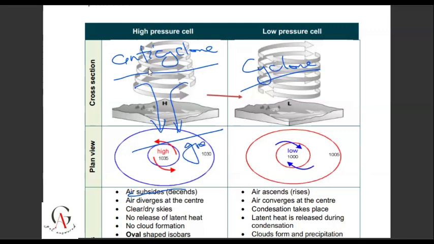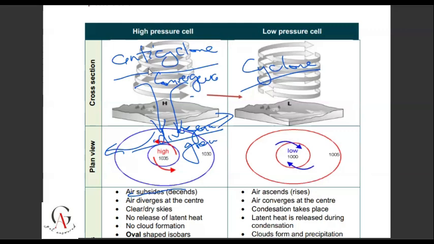If this is our ground, the air is coming from the upper atmosphere, converging in the upper atmosphere, and the air is descending or sinking. And as the air sinks, it's going to diverge in the lower atmosphere, which is our ground surface. So there's convergence in the upper atmosphere and divergence at the bottom here. That is basically the high pressure cell.